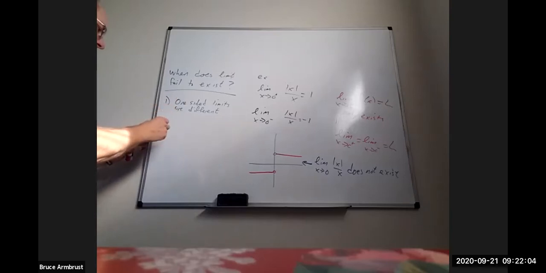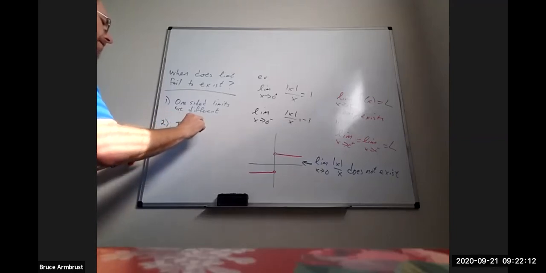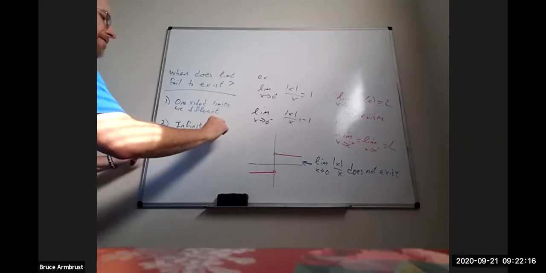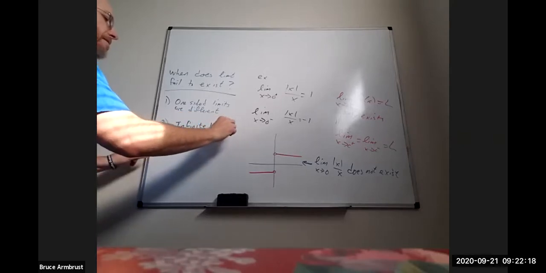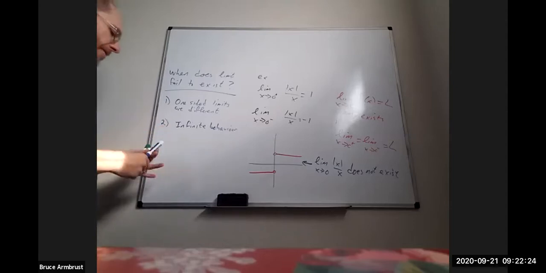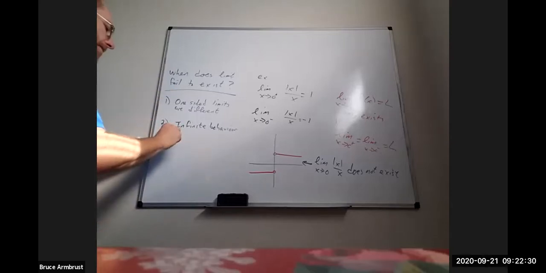Another one where they fail to exist is when we have infinite behavior. All right, basically what I mean by this, let me put it into words you've seen before. This would be a vertical asymptote.